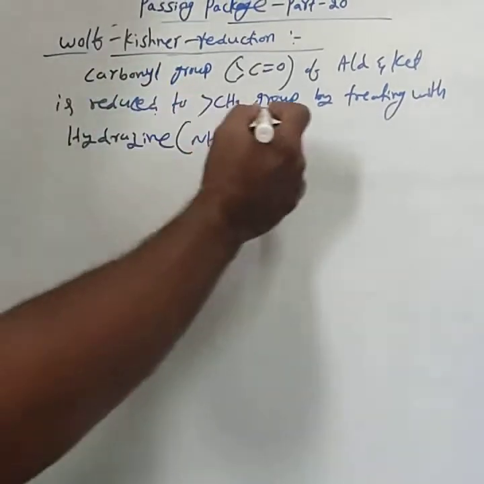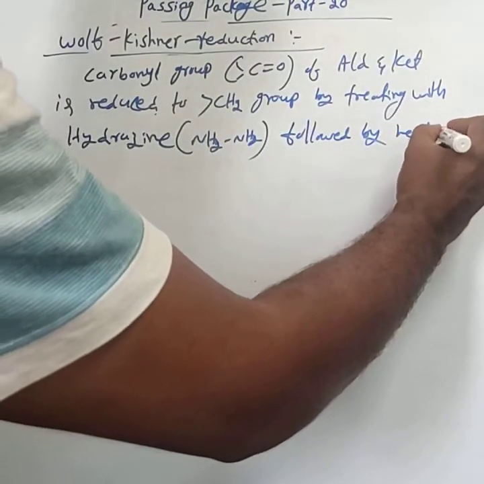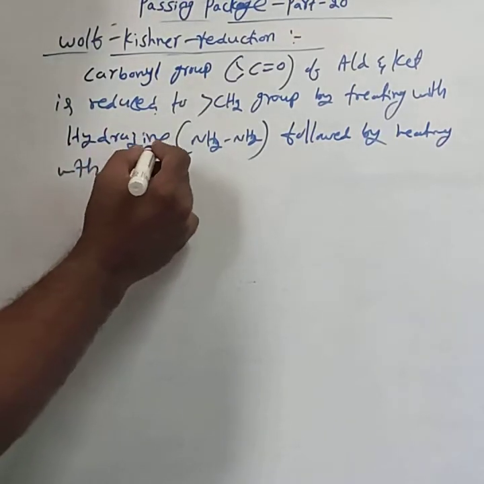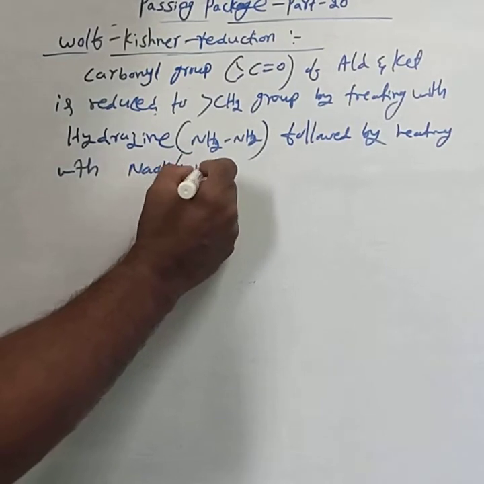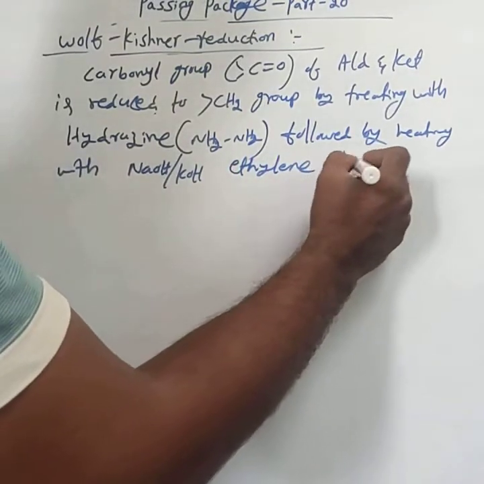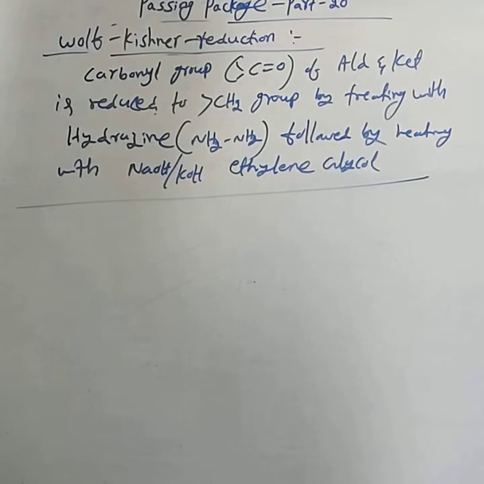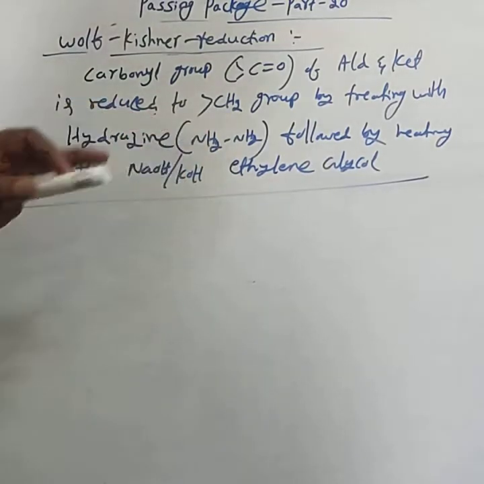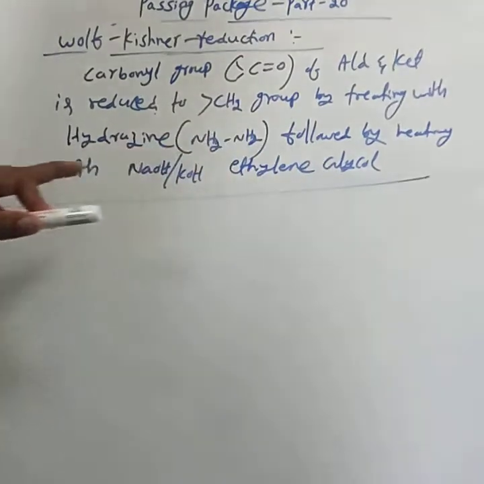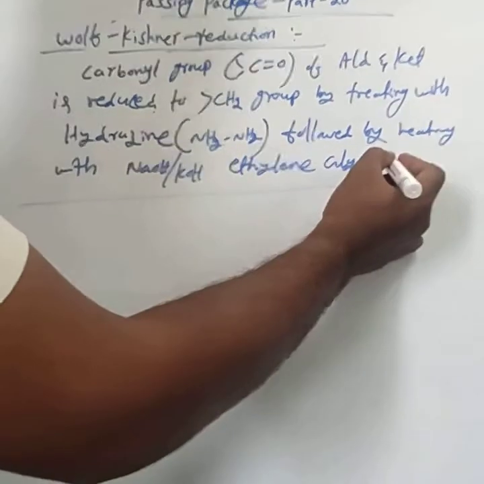Hydrazone is formed. Then, followed by heating with sodium or potassium hydroxide in the presence of ethylene glycol, this reaction is called Wolff-Kishner's reduction. The carbonyl group of aldehyde and ketone is reduced to a CH2 group by treating with hydrazine, NH2NH2, followed by heating with sodium hydroxide or potassium hydroxide in the presence of ethylene glycol.